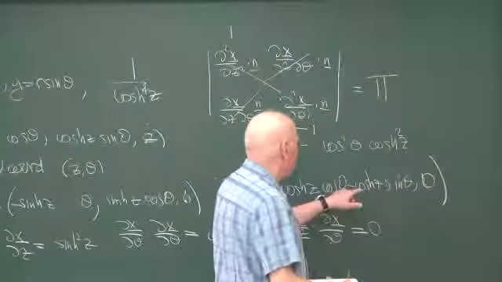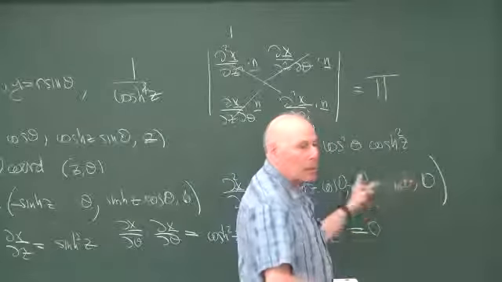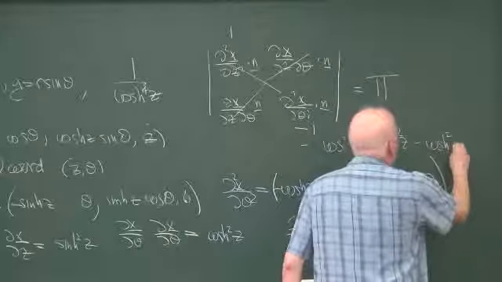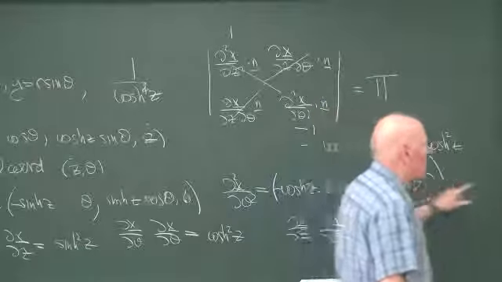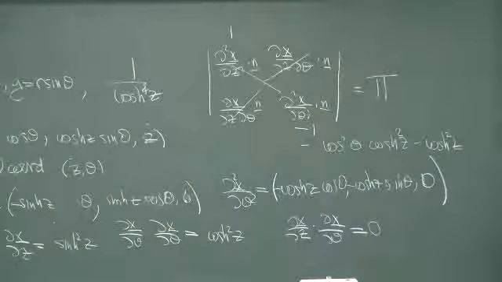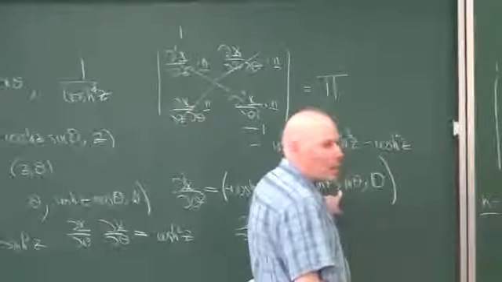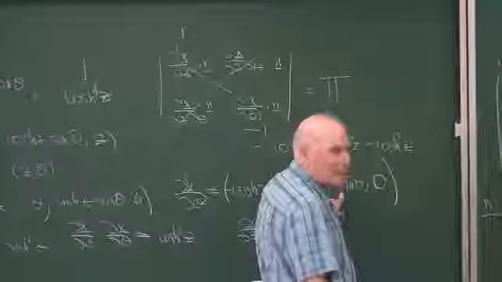Now I have to take minus hyperbolic cosine again, which is hitting the minus hyperbolic cosine. And now I get sine theta. Let me see, it's minus sine theta there, and minus sine theta there is plus sine squared. Correct?